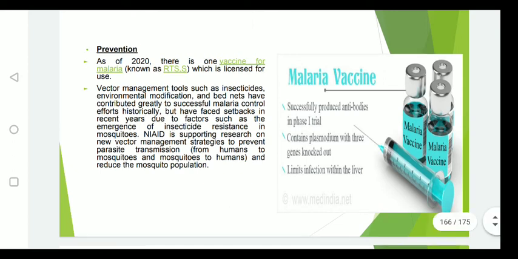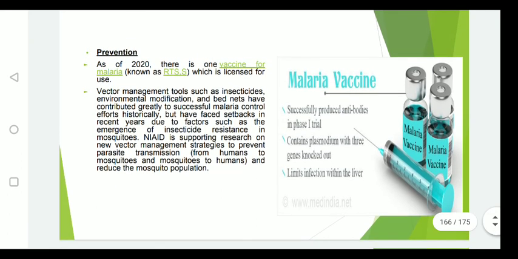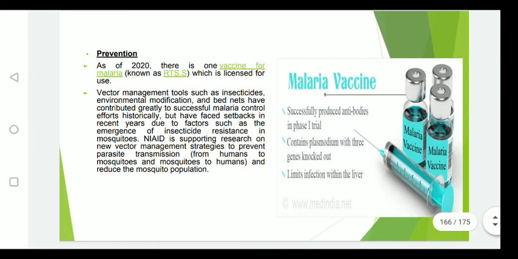So it is a licensed one for use in the prevention of malaria as vaccination. As shown in the picture, the vaccination successfully produced antibody in phase 1 trial, and contains Plasmodium with 3 genes knocked out and limits the infection within the liver.